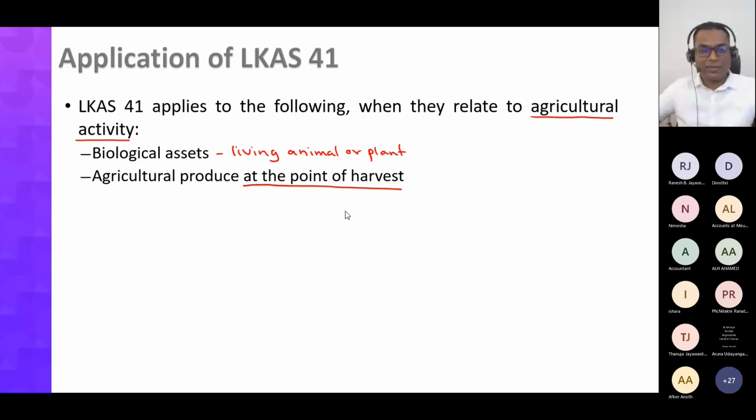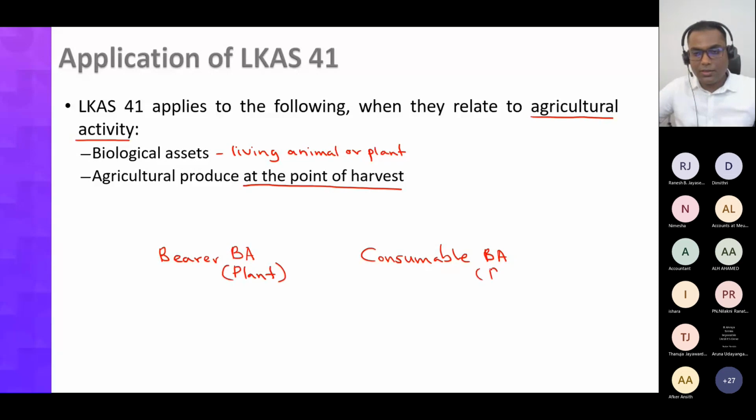So bearer biological assets and consumable biological assets. This particular matter is applicable specifically with regard to plants, bearer plants and consumable plants.